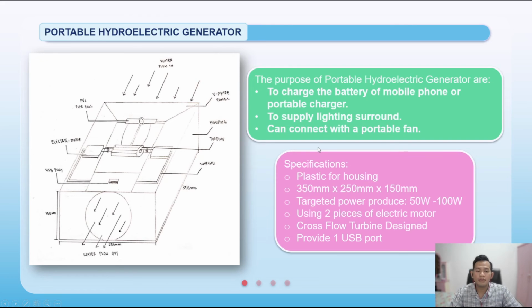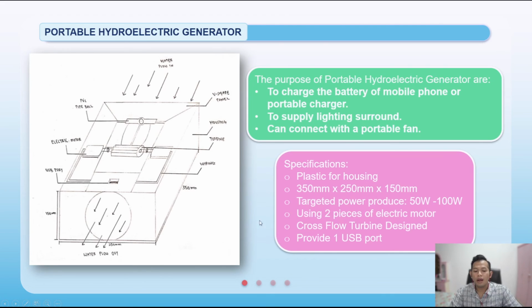So, the specification for this portable hydroelectric generator is that the housing is made from plastic and the length is 350 mm, the width is 250 mm, and the height is 150 mm. The targeted power produced is 50 watt to 100 watt.